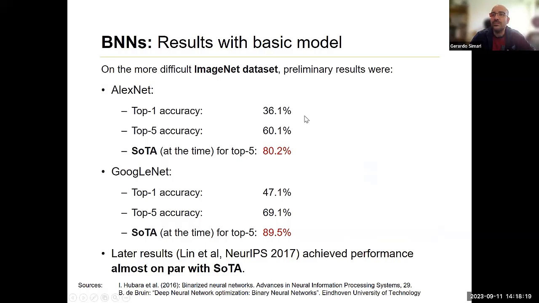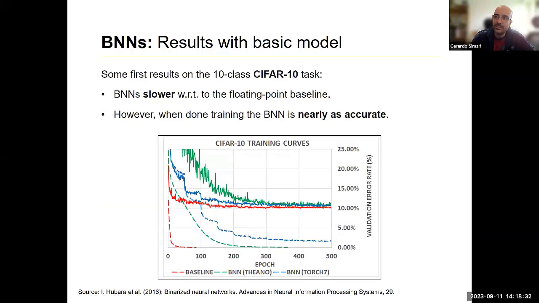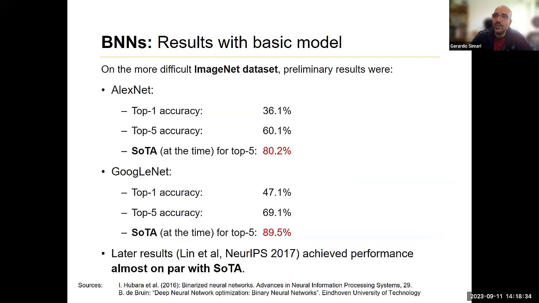So these are results from the original paper, top 1 and top 5 accuracy on the ImageNet dataset, because the previous results were for the CIFAR tasks. They're not that difficult. ImageNet is much more difficult, and there the results are not that impressive. For top 5, you get 60.1% accuracy, whereas the state of the art at that time was 80.2.